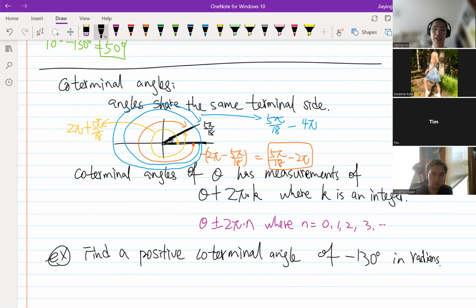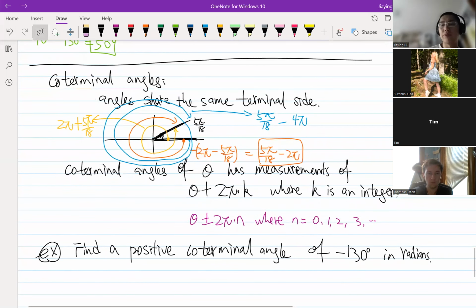So we're going to look at this negative 130 degrees, and we want to find a positive angle that shares the same terminal side as negative 130 degrees, but we want the angle to be in radians. Well, in this case, it's probably better to begin with radians.